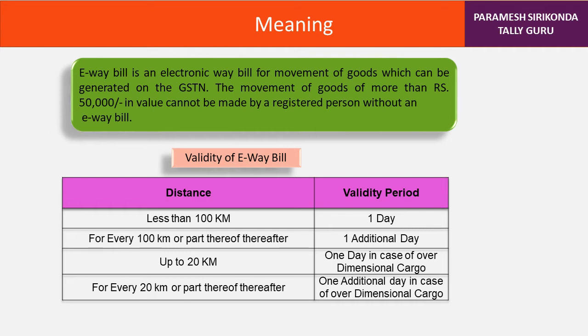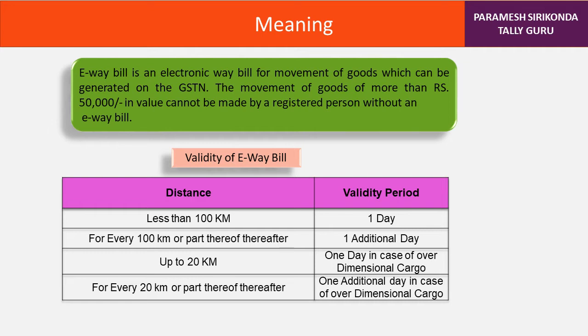Okay, so distance. This is very important. Based on the distance only, e-way bill validity is decided. If you want to move goods from one location to another, for example, I am in Hyderabad and I want to send goods to Vijayawada. From Hyderabad to Vijayawada, the distance is more than 100 kilometers.